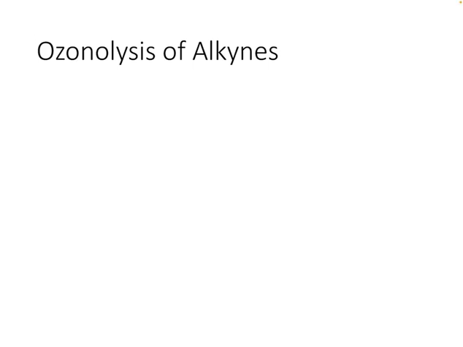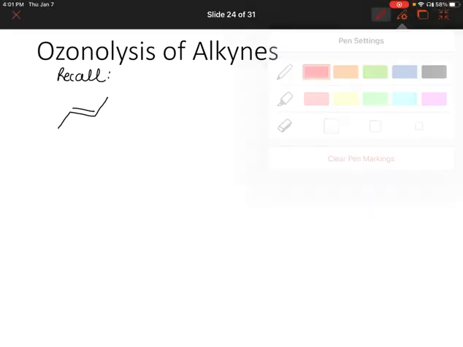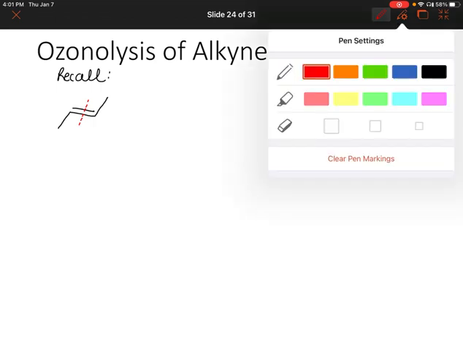So remember when we were performing ozonolysis of alkenes, what we basically did was we cut the double bond in half, and then we added an oxygen to each of those split double bonds.